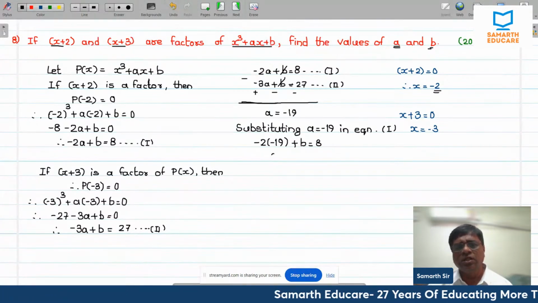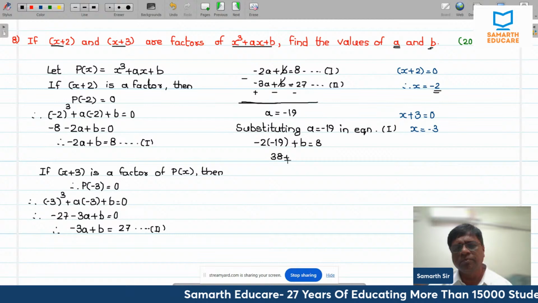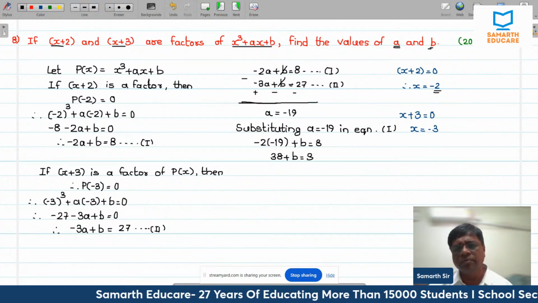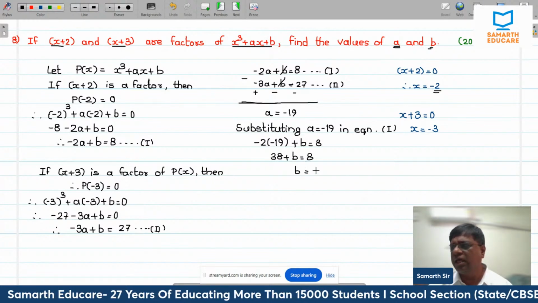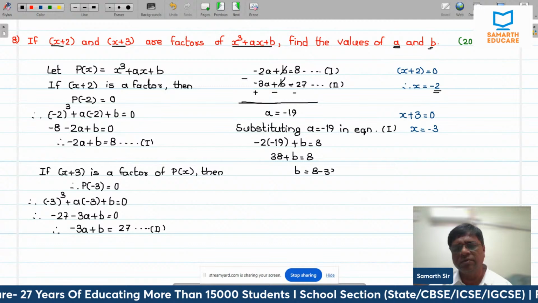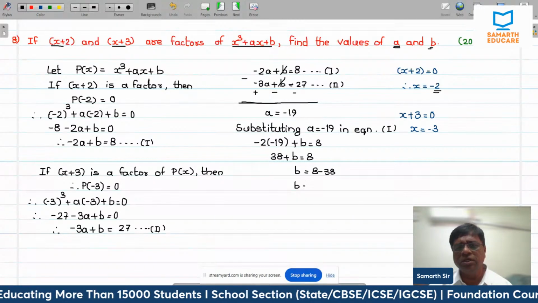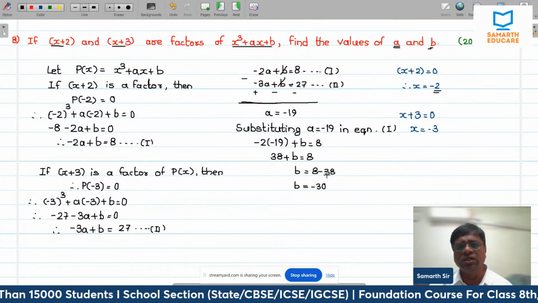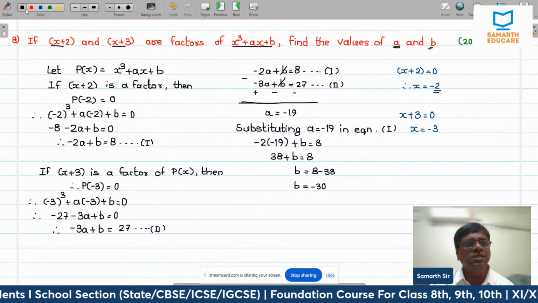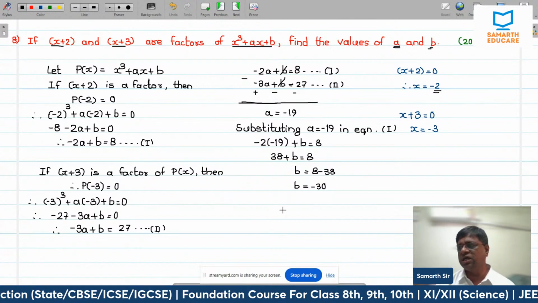That means 38 plus b is equal to 8, and the value of b is 8 minus 38. So b is equal to minus 30, right? Remember, this is very important in this kind of problems.